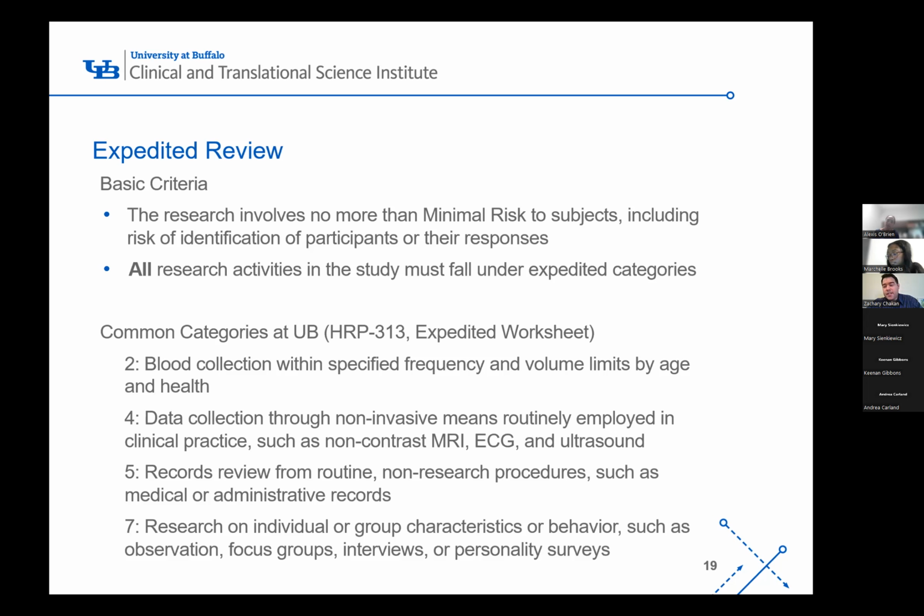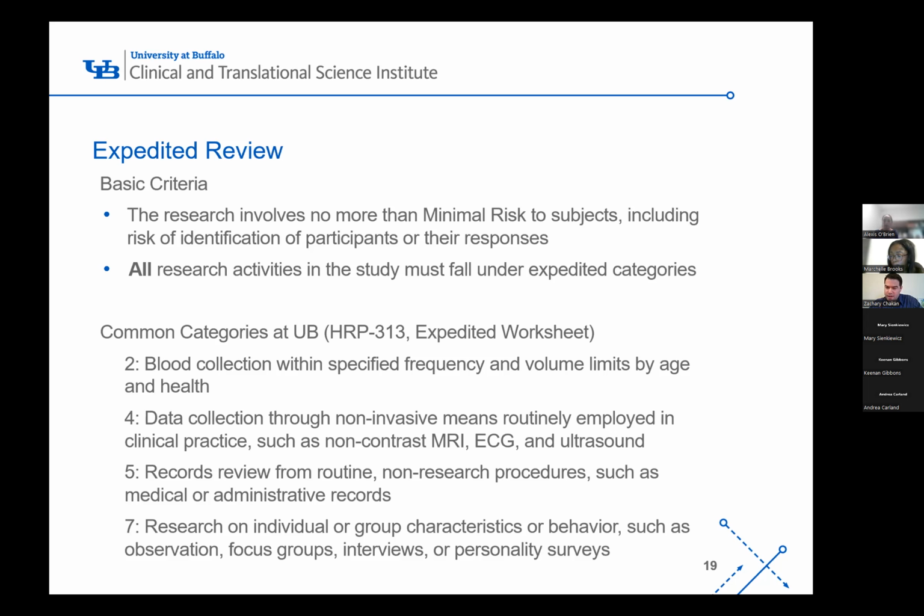It's certainly possible that your study activities may seem to be no greater than minimal risk, but if the activity doesn't fit into an expedited category, then it might go to a full board review. We may send your submission to the full board to check on that. That is also quite rare, because most study activities will fit into something as long as it's no greater than minimal risk, but it could happen.